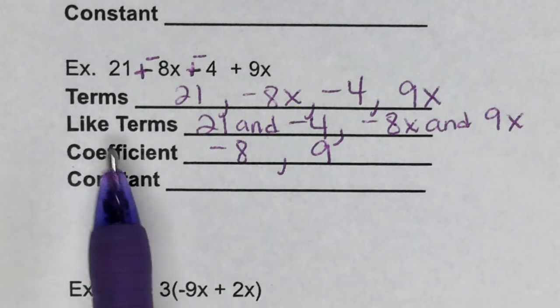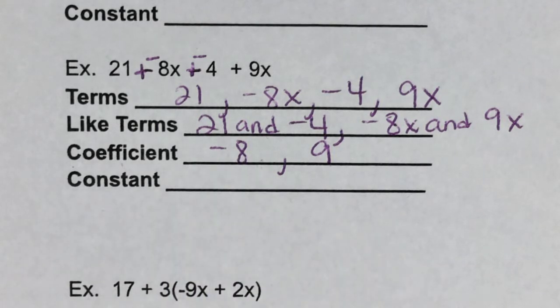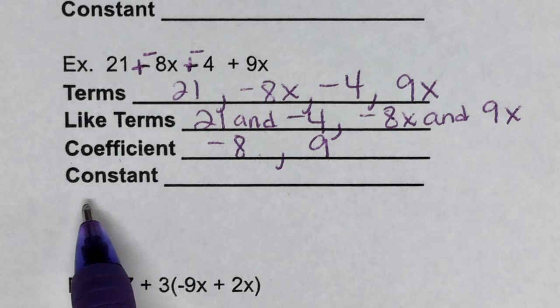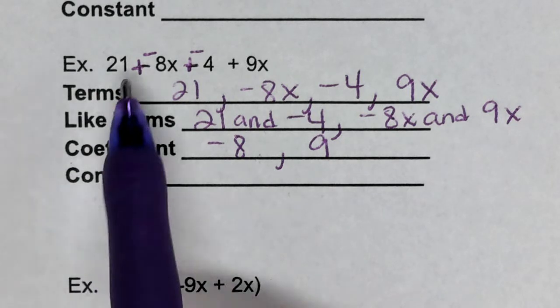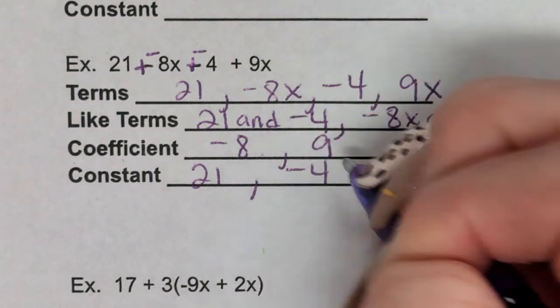If you put that the coefficient was negative 8x, you missed it. Because a coefficient is not a variable. It is the number in front of the variable. Make sense? So check that on your assignment from yesterday. All right, the constants. What are the constants? The numbers by themselves, so 21 and negative 4.